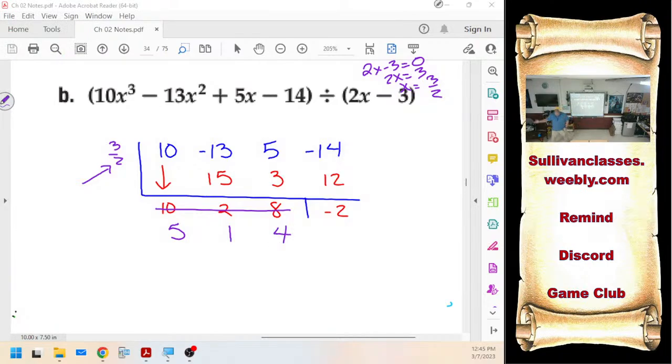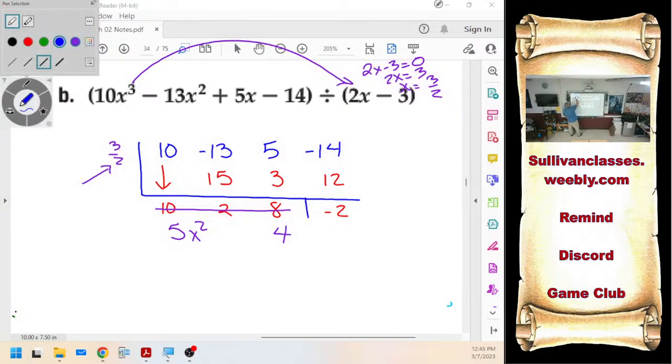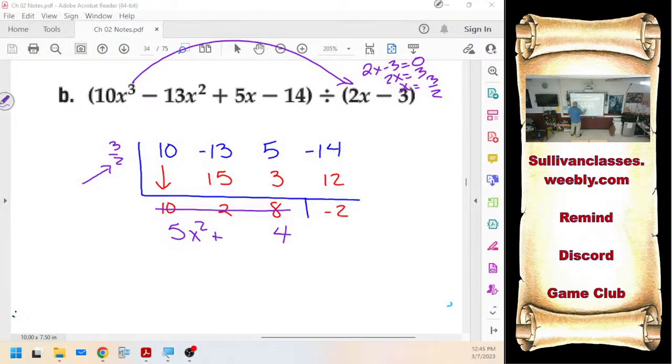And then throw all your variables in there. If I take a cubic and divide it by a linear, I should be at x squared plus 1x plus 4, and I don't divide this by 2 because I'm about to put it over 2x minus 3 anyway.